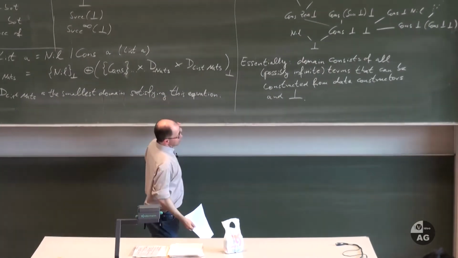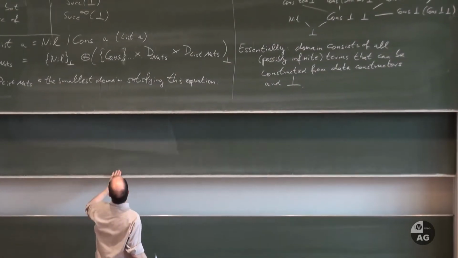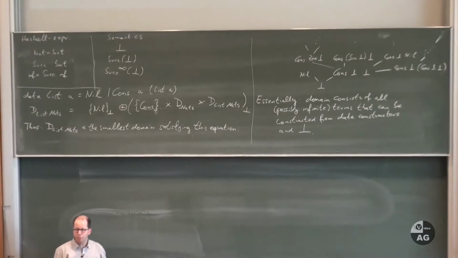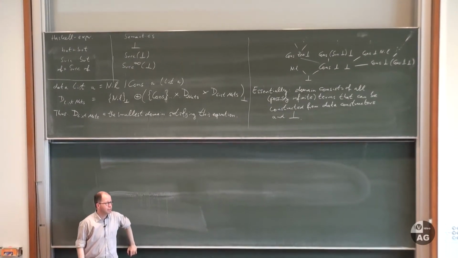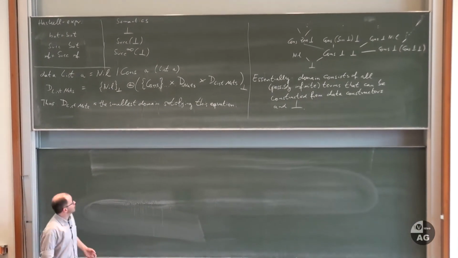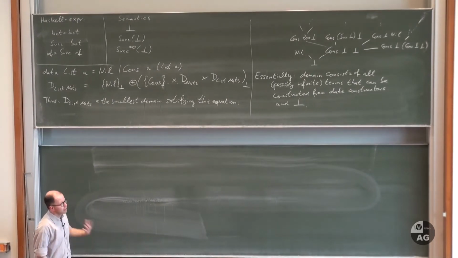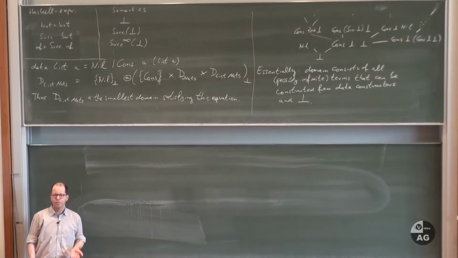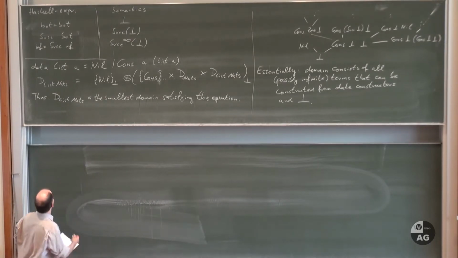And now what happens if we have polymorphic types? Now we looked at the domain D list nuts, which is the domain for lists where the elements are natural numbers. But what happens if we don't regard list nuts or list bool, but we regard list A? And A is a type variable. So what could that be?